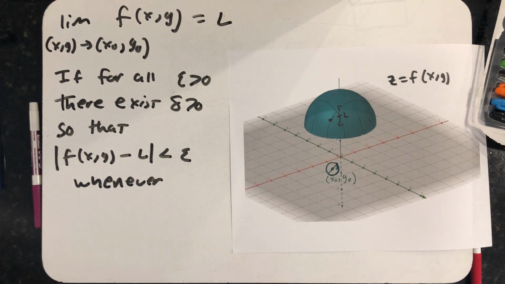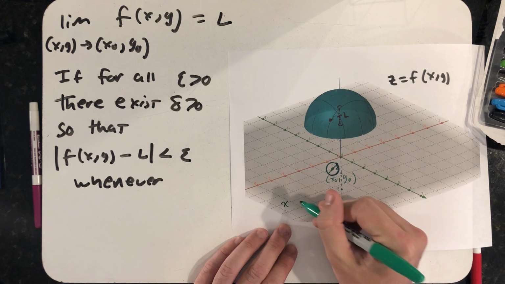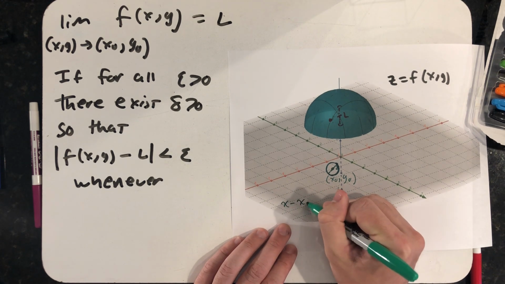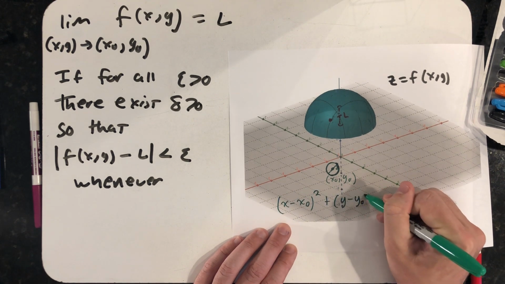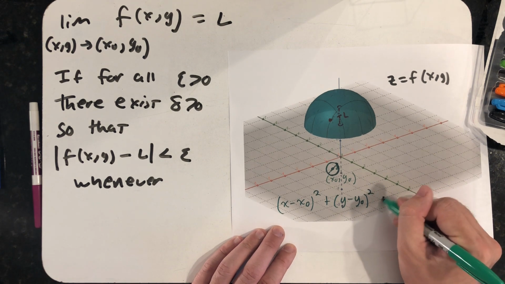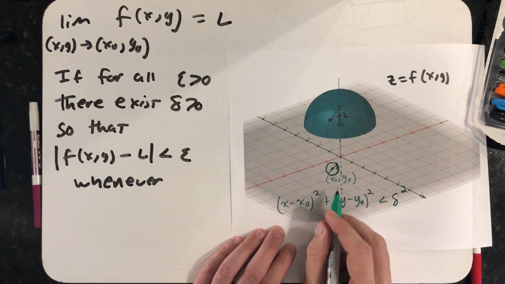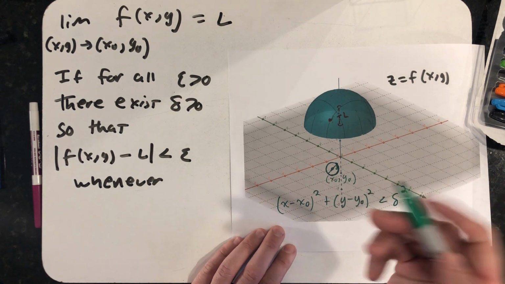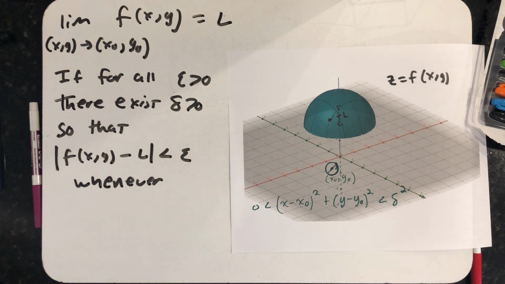Okay, well, I can write down a formula for that disk in the plane. If I'm just thinking about the circle, that would be x minus x naught all squared plus y minus y naught all squared equal to delta squared. Well, I want the points on the inside, so that's less than delta squared. And I don't want to actually get to the point itself. My function might not be defined there, so I'll just let this be bigger than 0 so that I'm always dealing with a disk of positive radius.